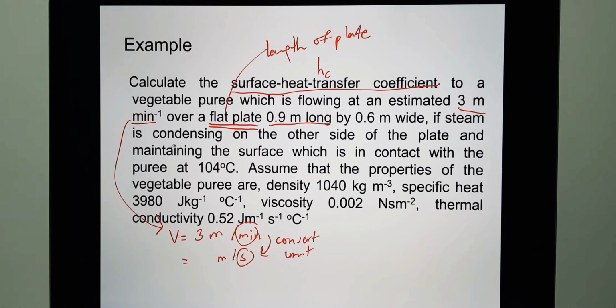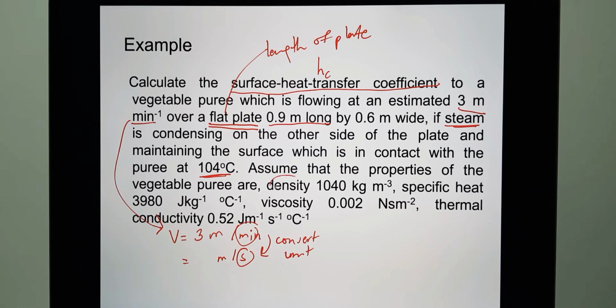Okay, if steam is condensing on the other side of the plate and maintaining the surface which is in contact with the puree at 104 degrees Celsius. This particular steam temperature is 104 degrees Celsius. Assume that the physical properties of the vegetable puree are given.